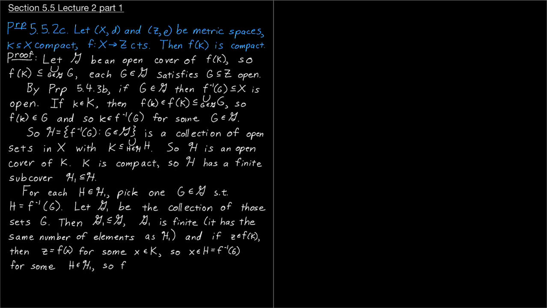So f of x equals z. x is in f inverse of G if and only if f of x is in G for some G in G1.